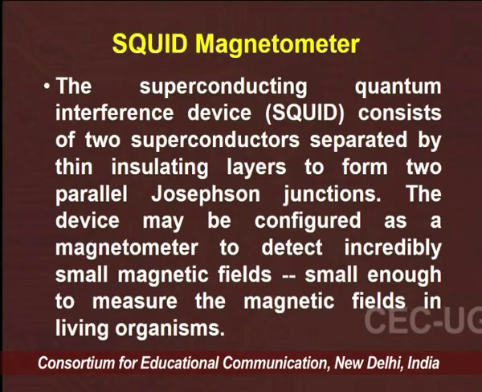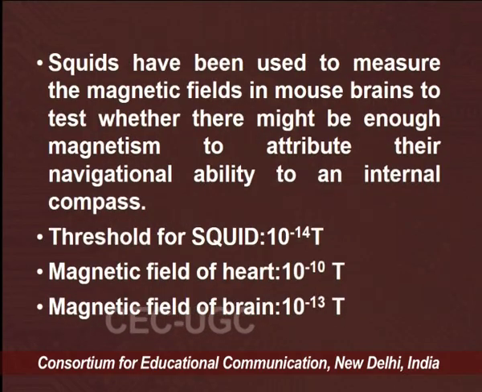What is a SQUID magnetometer? The SQUID magnetometer consists of two superconductors separated by thin insulating layers to form two parallel Josephson junctions, and the device may be configured as a magnetometer to detect incredibly small magnetic fields, small enough to measure the magnetic field in a living organism also.